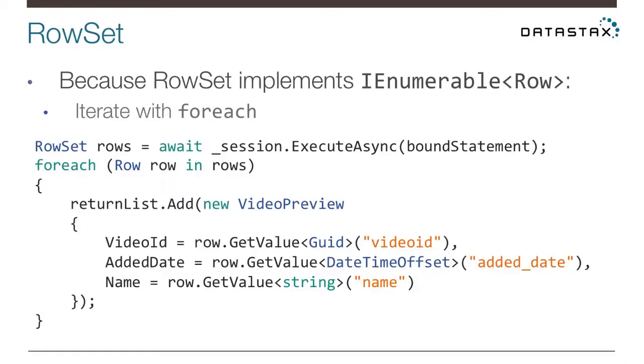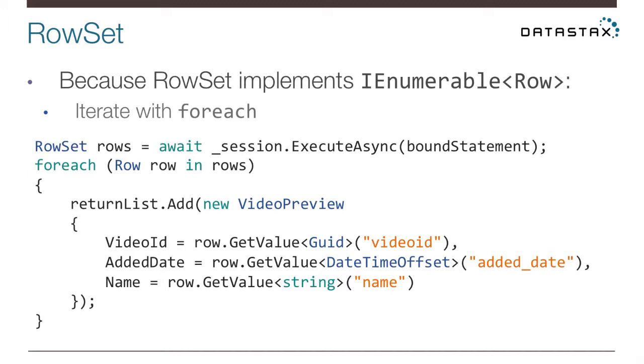Because RowSet implements IEnumerable<Row>, the first thing you can do is iterate it with a foreach. You can see here we're doing session.Execute, getting back some rows, and then doing a foreach row in rows. Here we're building a return list of DTOs.